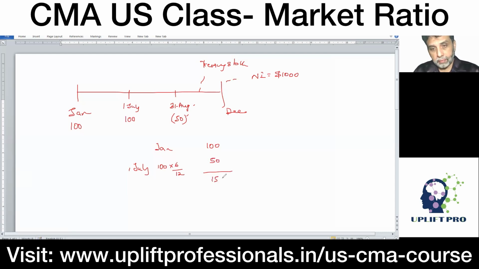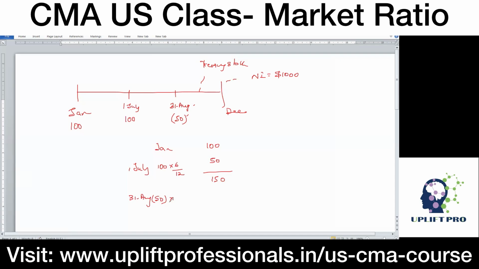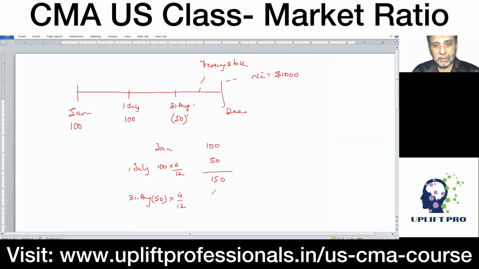So you have 150. And on 31st of August, this 50 shares was not outstanding for how many months? 4 months, sir. September, October, November, December. That is 4 out of 12 months. It was not outstanding. Okay, so 50 into 4 divided by 12, 16.67.